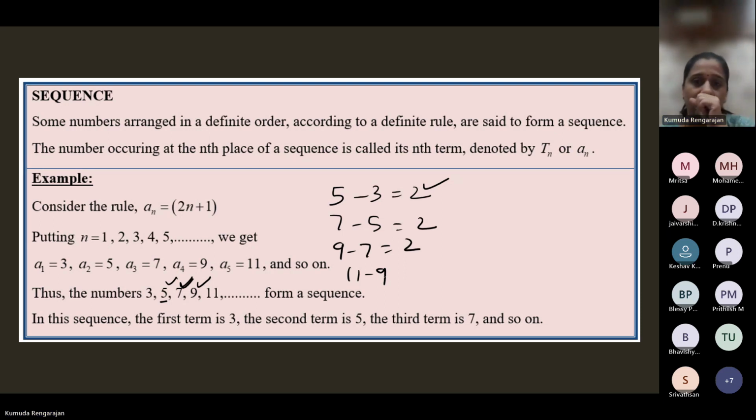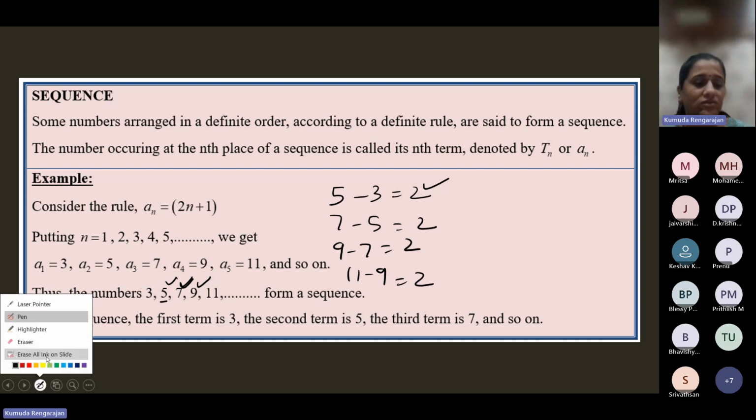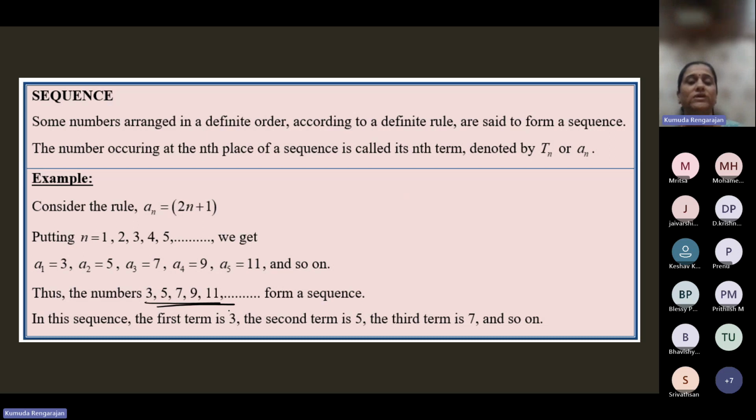Take any term and its preceding term and find the difference. You see that the difference between any term and its preceding term is 2 everywhere. So it's a constant, meaning a fixed value. So this sequence is said to be in arithmetic progression.